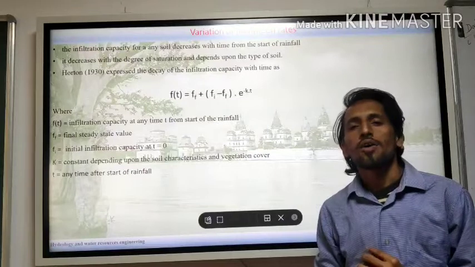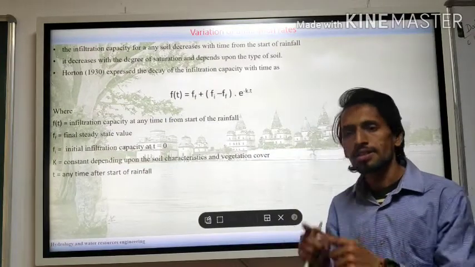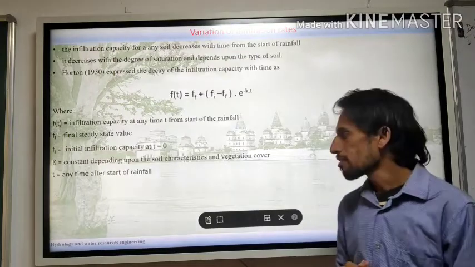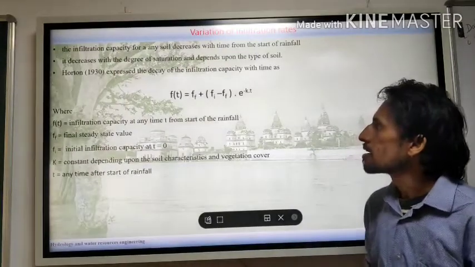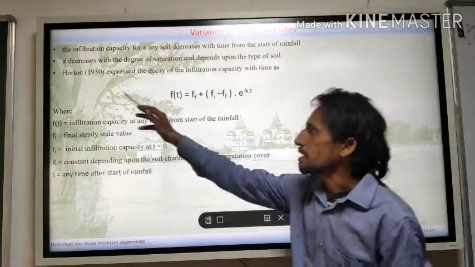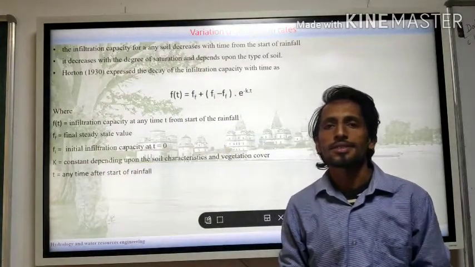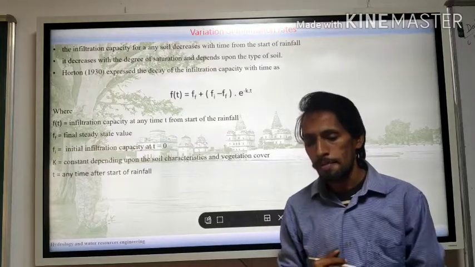This theory, or this final mathematical formula, was given by Horton. So Horton gave this formula.